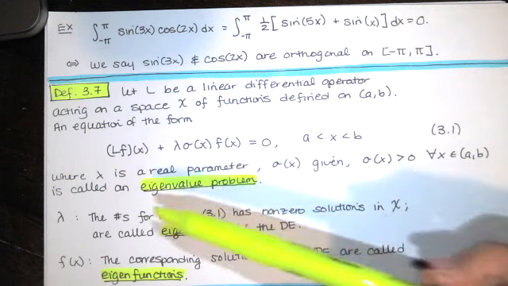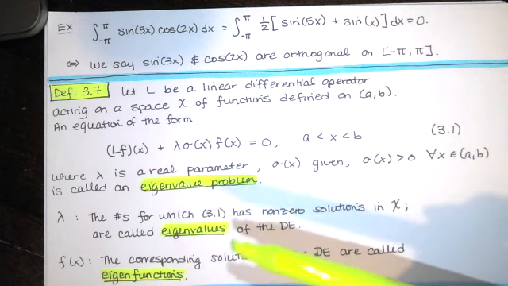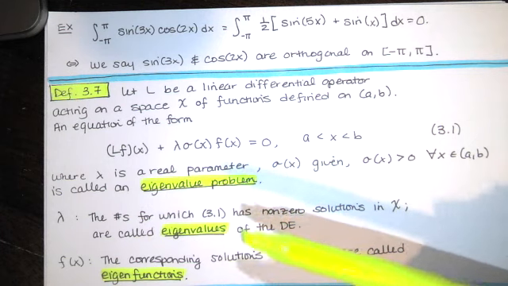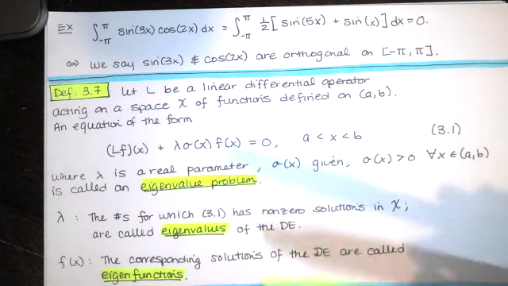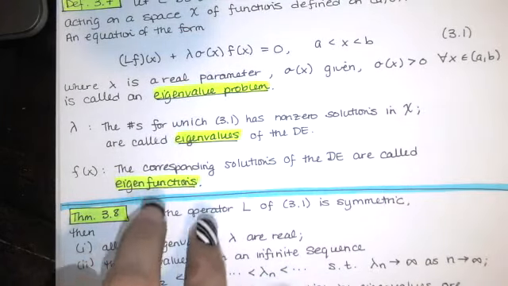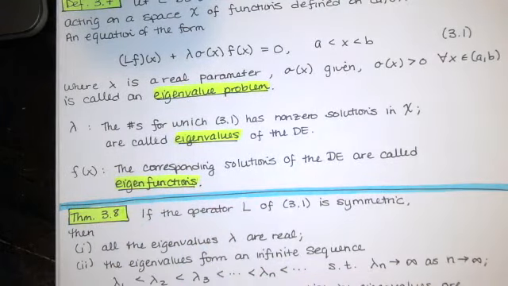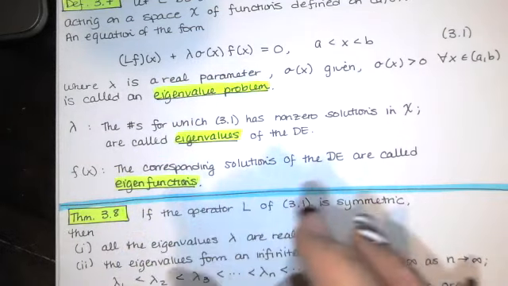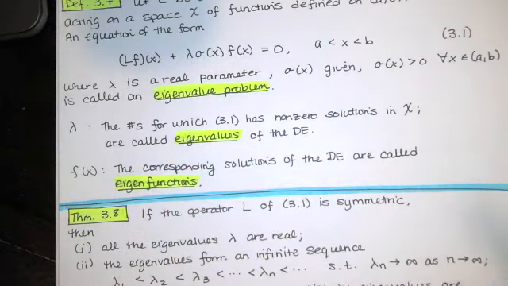These functions are really important because it turns out that these are the building blocks of other functions. We're going to be able to come up with other functions by taking combinations of these eigenfunctions, and that's going to yield some other function. And that's what we're going to end up doing with the solutions of these Sturm-Liouville problems when we solve partial differential equations later. And those solutions are very important in physics.